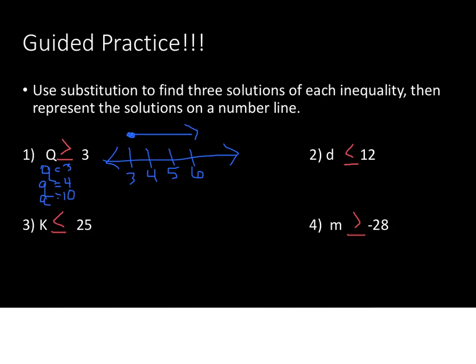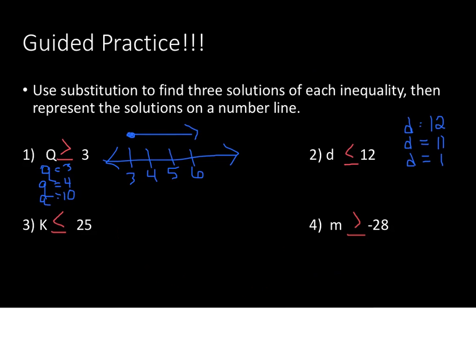So number 2 is D is less than or equal to 12. So in this case, D could be equal to 12, because that would work. D could also be equal to 11, or D could be equal to 1, as long as it's less than 12.